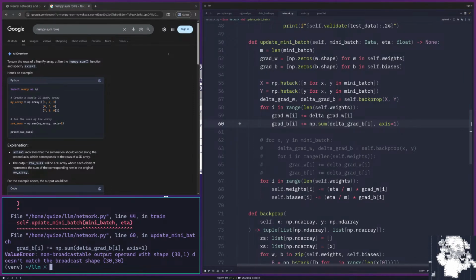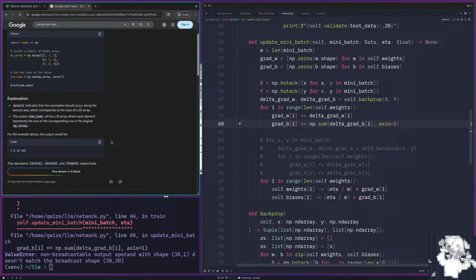Non-broadcastable output operand with shape 3, 1 doesn't match the broadcast shape 30, 30. Did it not work?